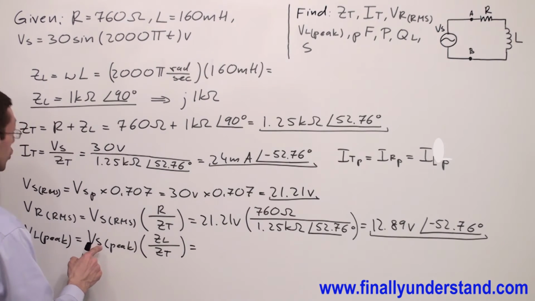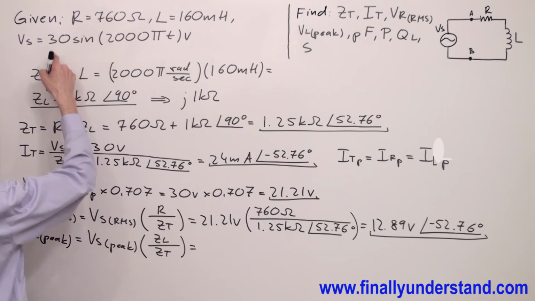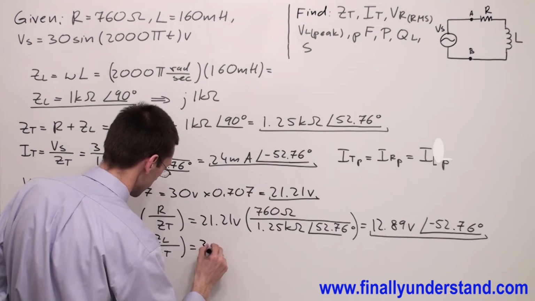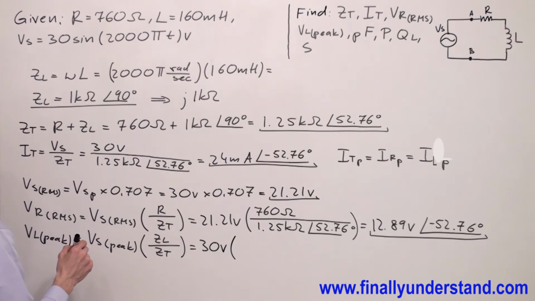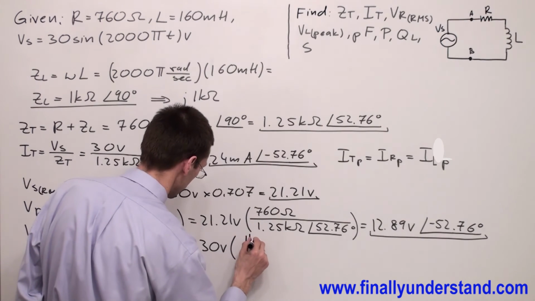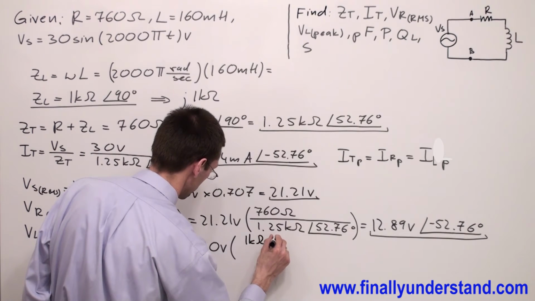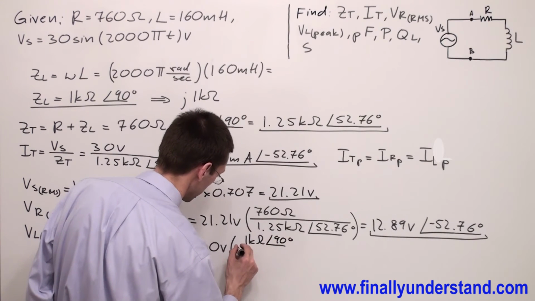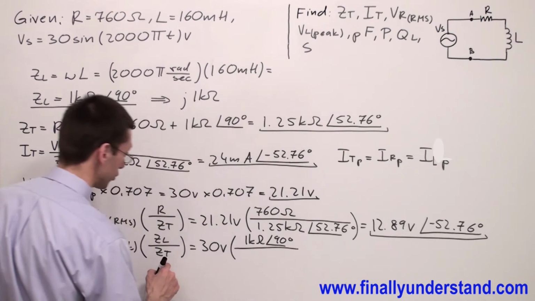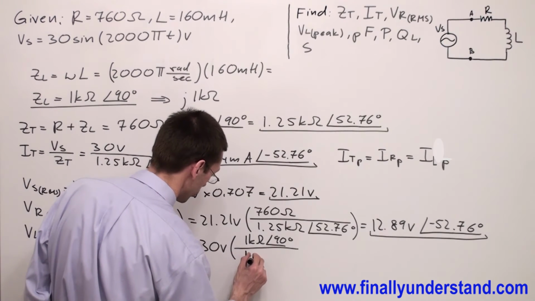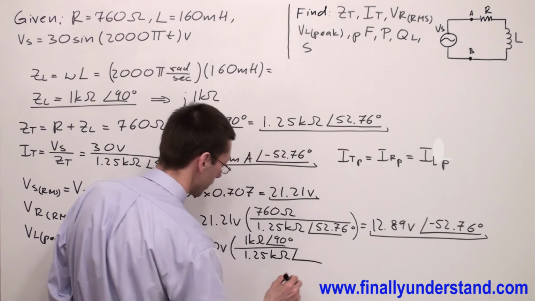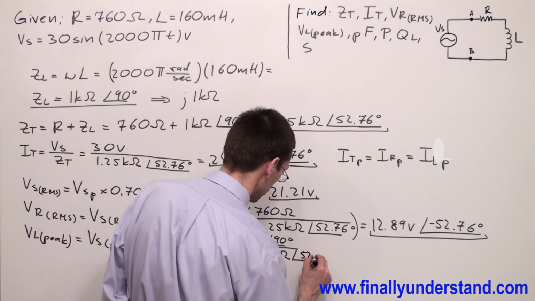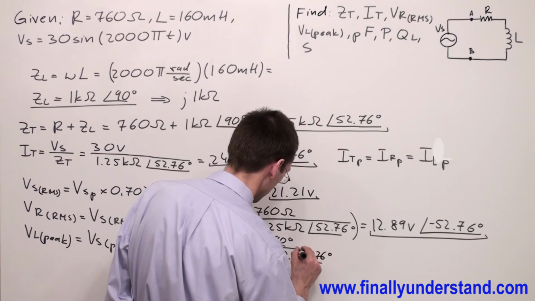So voltage source peak is given, is equal to 30 volts times ZL, which is equal to 1 kilo ohm, an angle of 90 degrees, you cannot forget about the angles, over Z total, which is equal to 1.25 kilo ohms, an angle of 52.76 degrees.